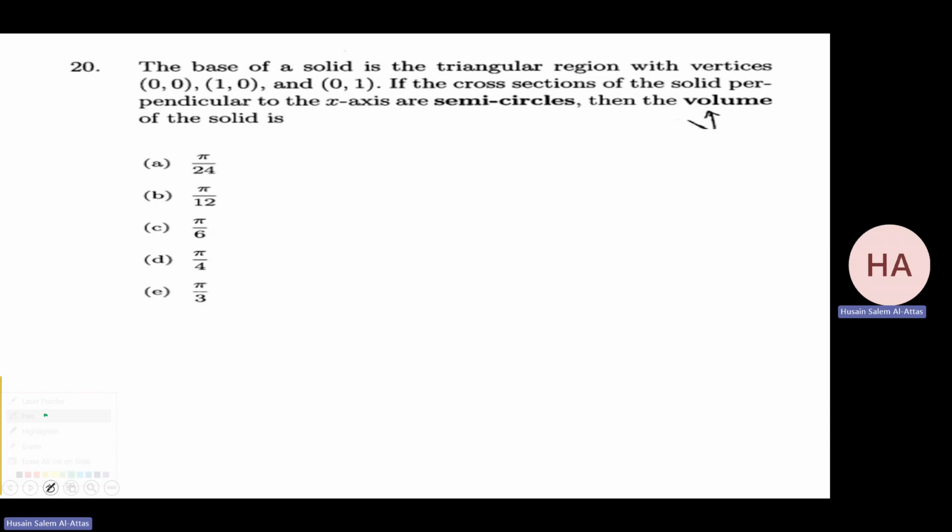Now we have a little bit strange. I am talking about this triangle with vertices 0, 0, 1, 0 and 0, 1. And the cross sections perpendicular to the x-axis are semicircles.